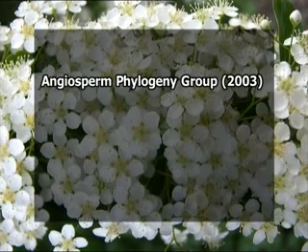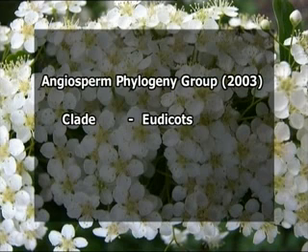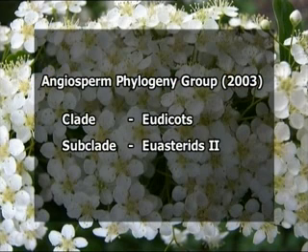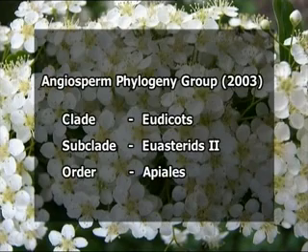Very recently, the Angiosperm Phylogeny Group, who have given a phylogenetic classification, recognize this Apiaceae family under the clade Eudicots, that is, Eu means true dicots, then under the subclade Euasterids II, and the order Apiales.